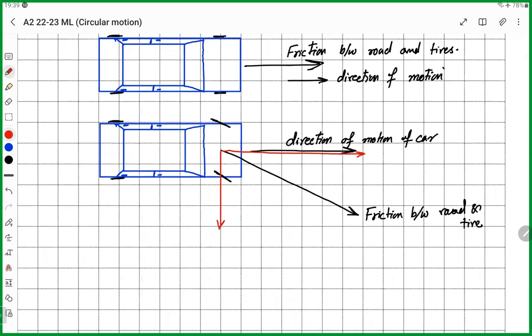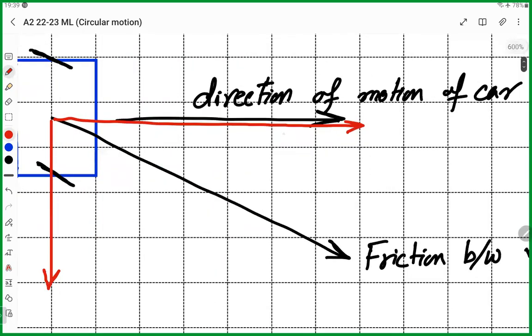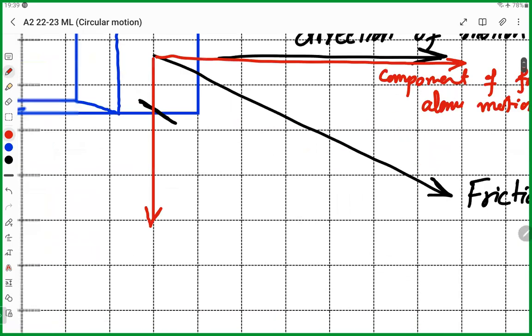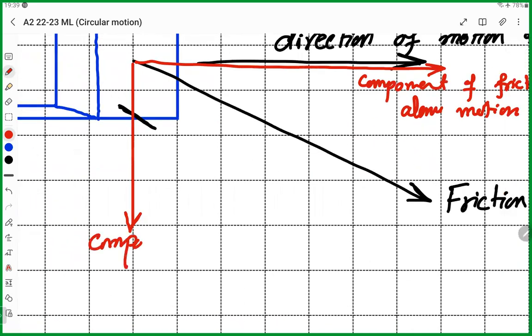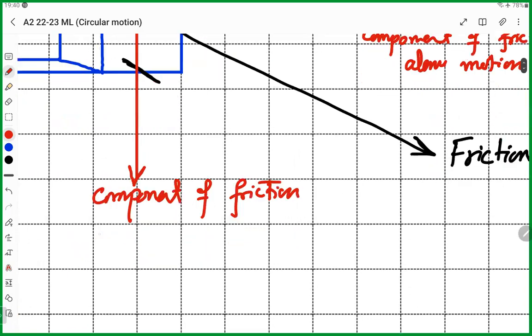Now, this is the component of friction along motion, and this is the component of friction perpendicular to velocity.